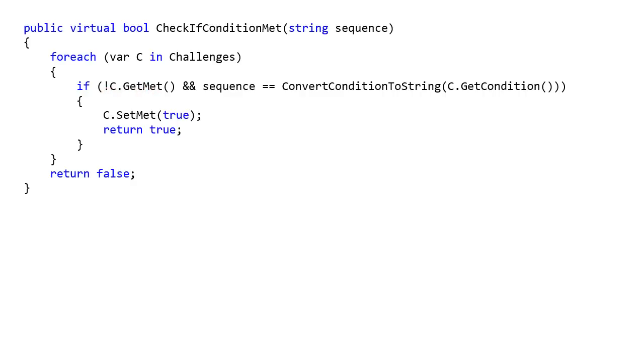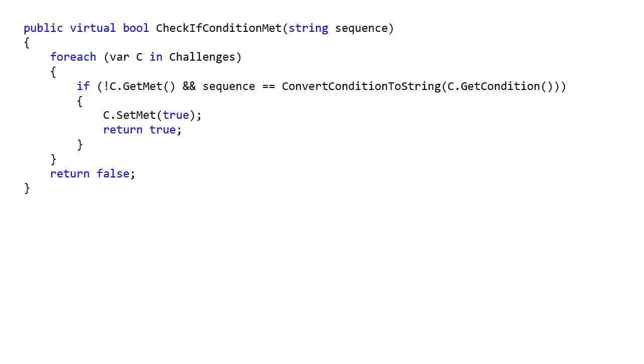So it also checks if the sequence is the same as the result of a call to convert condition to string, which when it's passed the get condition, when it's passed the condition attribute, which itself is a list of strings. So that's the condition attribute of the current challenge.